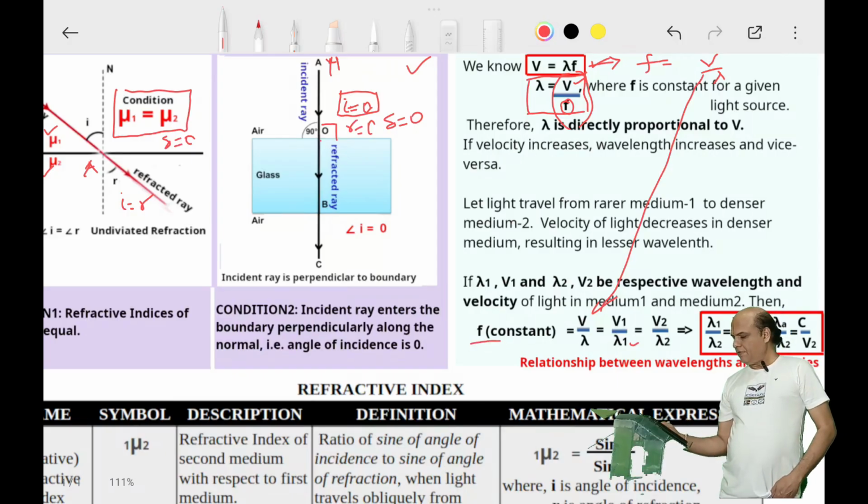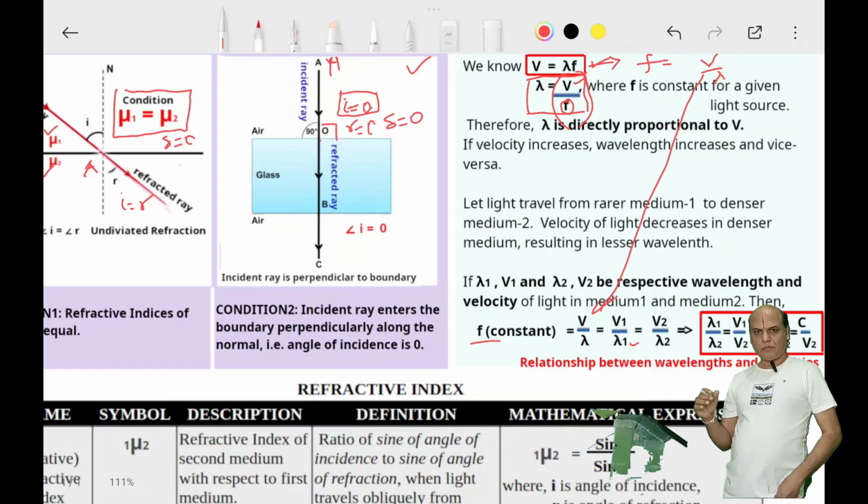That means if there are two optical media through which the light is passing, then the velocity of light in the second medium, its ratio to the wavelength of light in the second medium is also constant, and they are equal. So v1 by lambda 1 is equal to v2 by lambda 2. Likewise, we can continue to vn by lambda n.